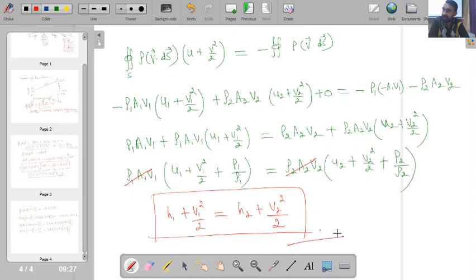Is this one clear? Now can you just tell me one thing: in the momentum equation I have taken these two faces also, but in the energy equation, why have I not taken them? Because here I am getting V dot dS vector. So for these faces, V and dS vector are at a 90-degree angle, so that's why these are actually becoming 0.